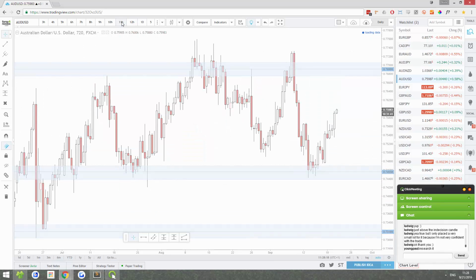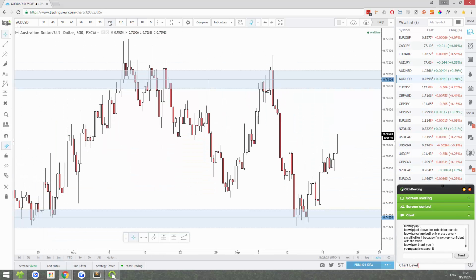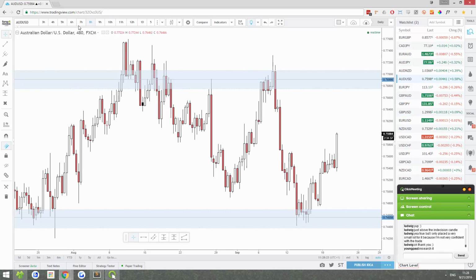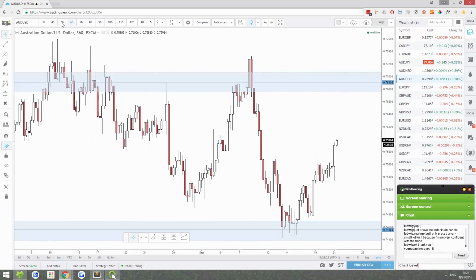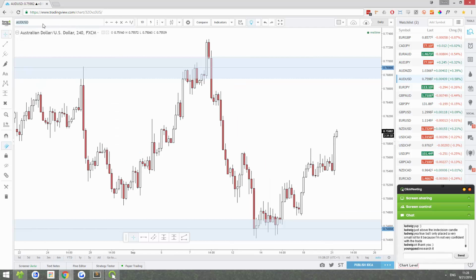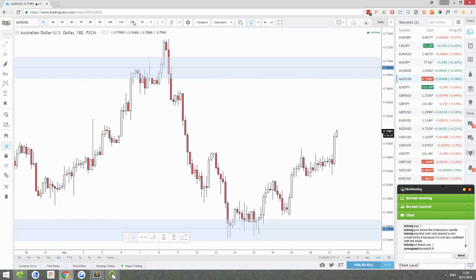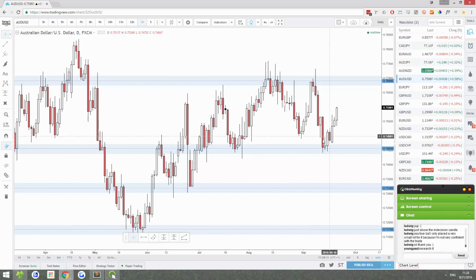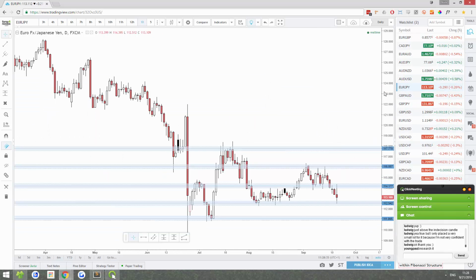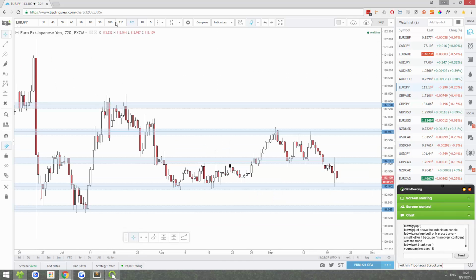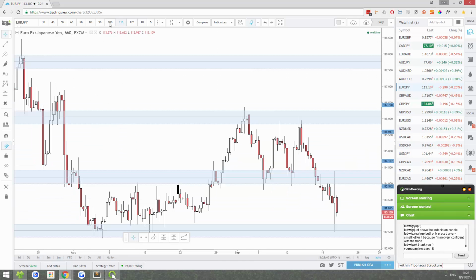AUD/USD is still moving up. It's in the middle of a reversal trade. Obviously, it's way too late to enter because it's gone up by a significant amount already. But to those who entered that reversal trade, that's not that bad. You're doing pretty well. Euro JPY, all the JPY pairs went crazy yesterday.